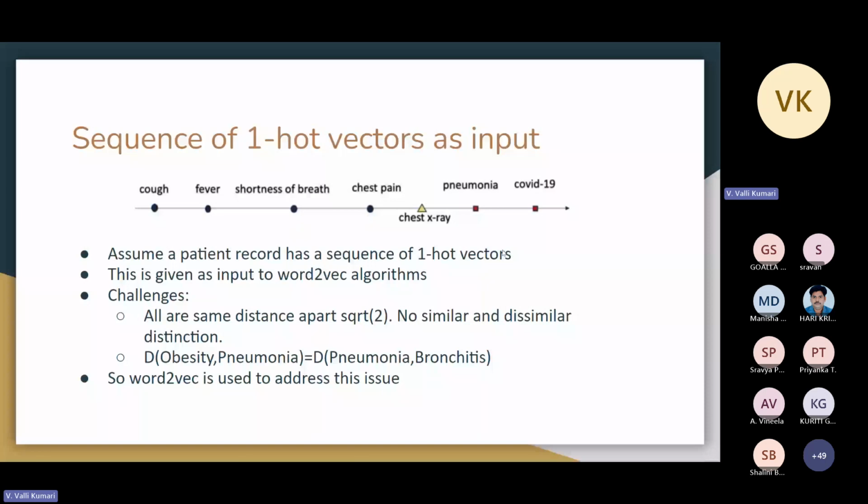So there is no distinction about similar and dissimilar words. The distance from obesity to pneumonia is the same as the distance from pneumonia to bronchitis. So because of this, in one-hot vectors, we make use of word2vec.